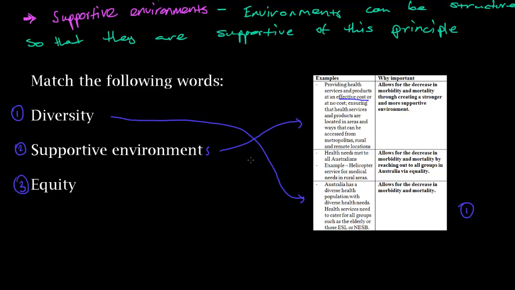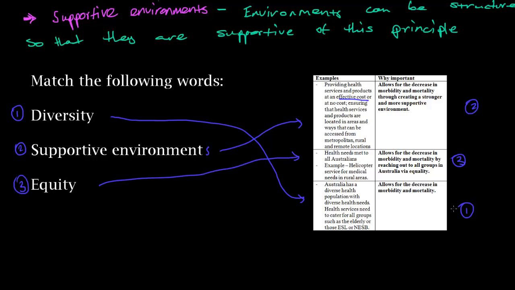And then you've got equity. Equity being health needs need to be met for all Australians. For example, the helicopter service, which is used in rural areas. So yeah, that would be equity. So that's 2, and that one is 3.